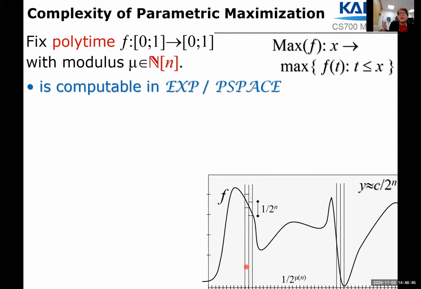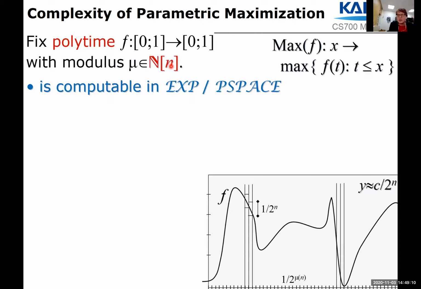And since mu of n is polynomial, because a polynomial time computable function has a polynomial modulus of continuity, that is still exponential. Remember that we call 2 to the n squared and 2 to the n cubed all of these exponential, as opposed to, let's say, 2 to the 2 to the n, which is double exponential.